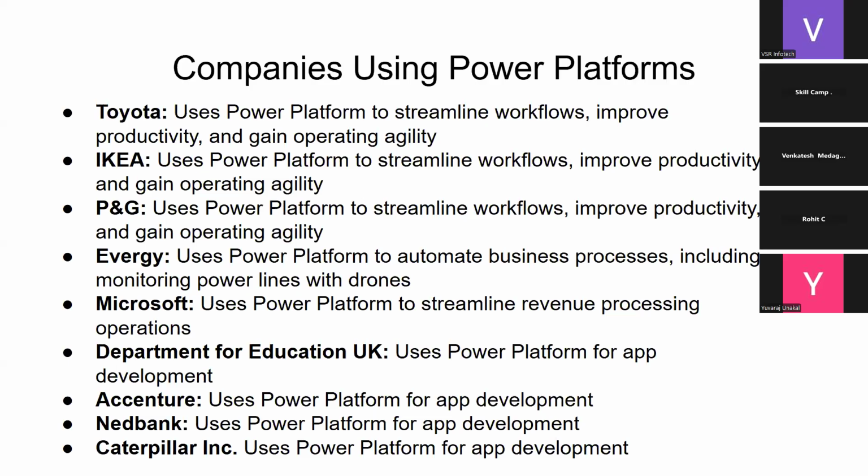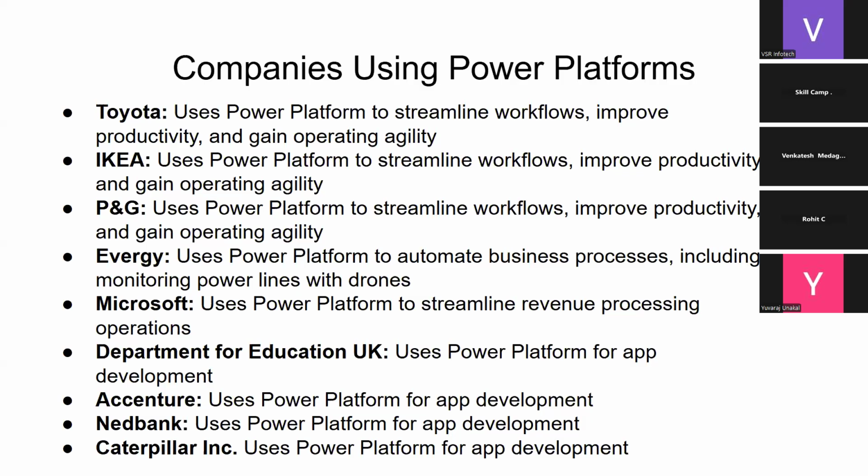So I would also walk through all the companies who are using Power Platform right now. Toyota, if you would have known, is a big automotive giant. They use Power Platform to streamline their workflows, improve their productivity, and gain some operational agility. So they use Power Automate in most of their internal apps.